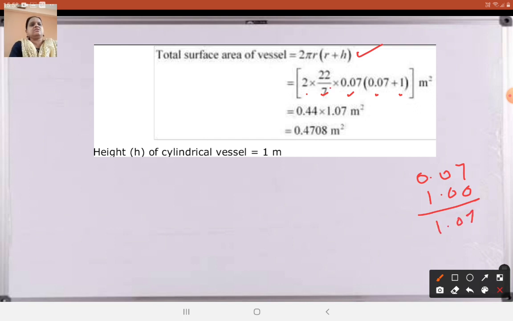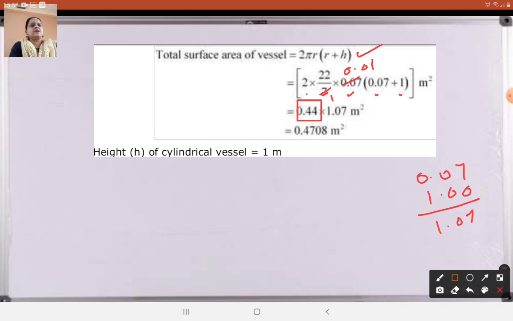Correct? Now this 7 ones are 7 and 7 ones are 7, so it will become 0.01. So what will be your next step here? 22 twos are 44. Multiply by 0.01. So you will get the product here as 0.44, multiply by 1.07.